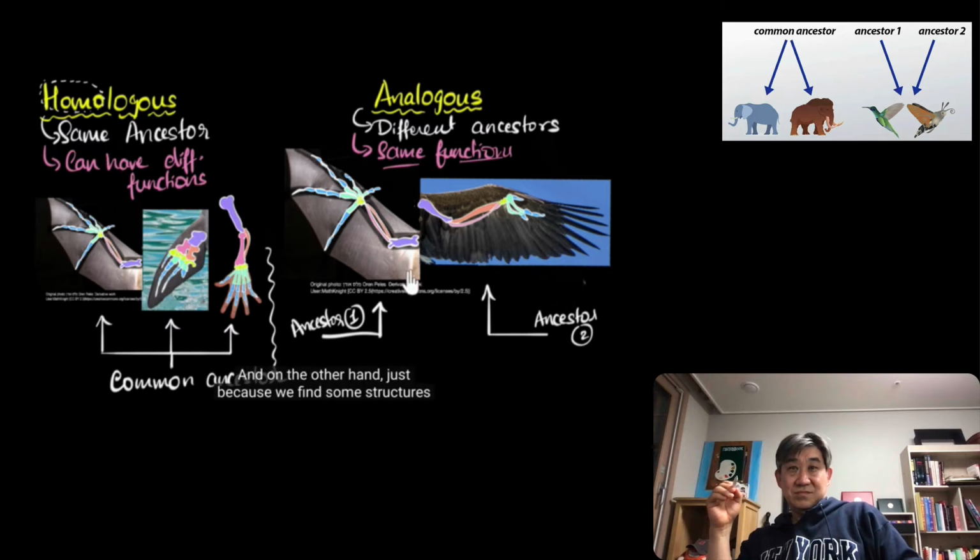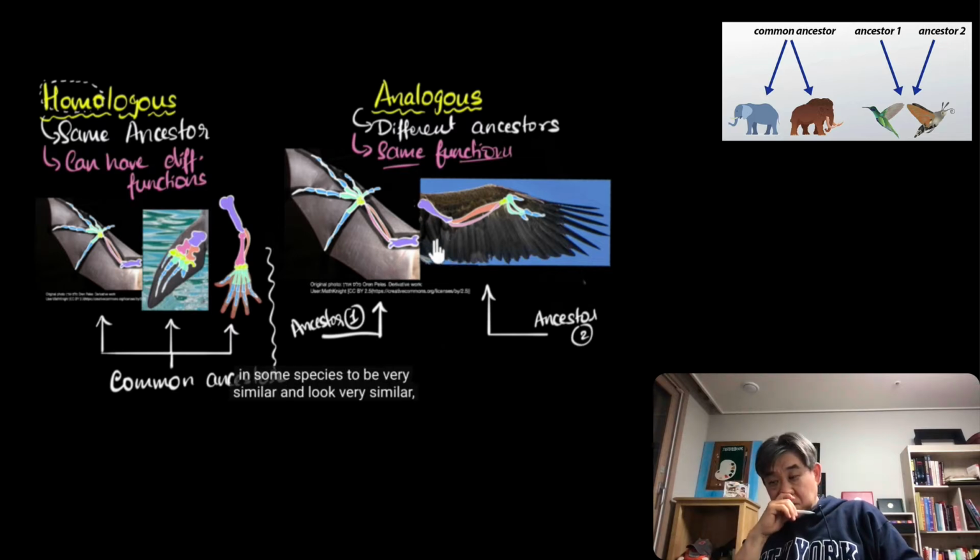And on the other hand, just because we find some structures in some species to be very similar, look very similar and perform the same function, it need not necessarily mean that they are related to each other. It's totally possible that they evolved independently from separate ancestors altogether. And so these are called analogous structures.